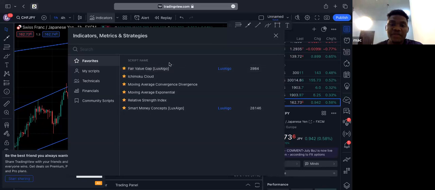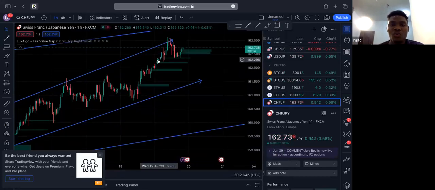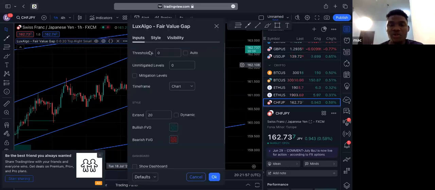So fair value gap works hand in hand with SMC, but tonight we are looking specifically at fair value gap. Now, again, what is fair value gap? First of all, once you add the fair value gap indicator, one of the things you want to do is come to settings and increase your threshold to 5%.